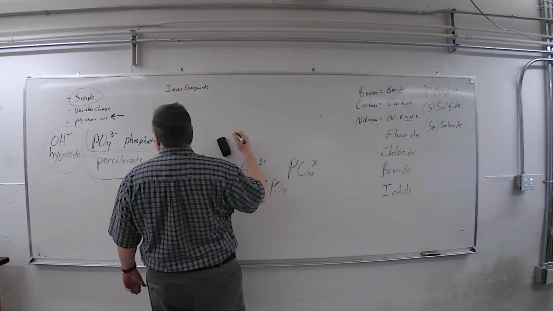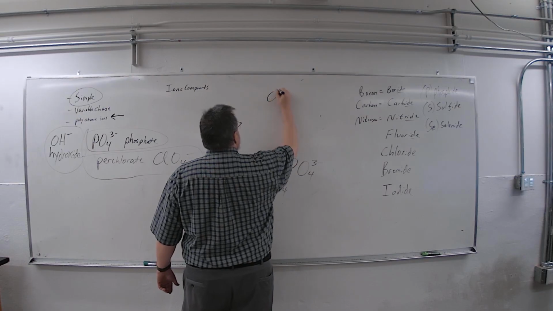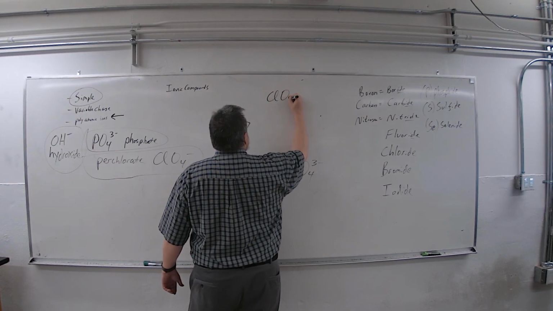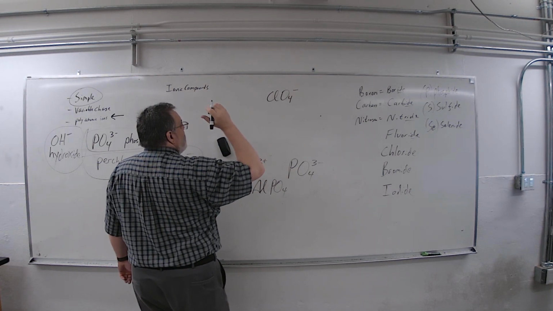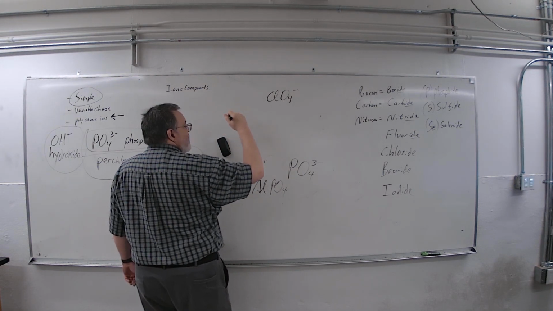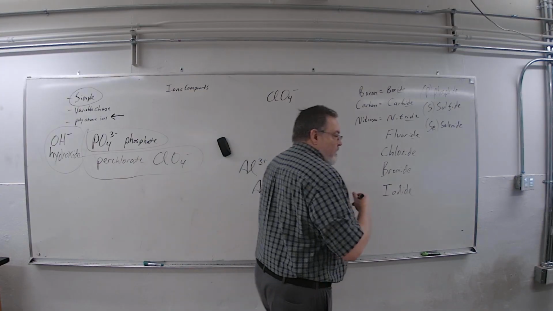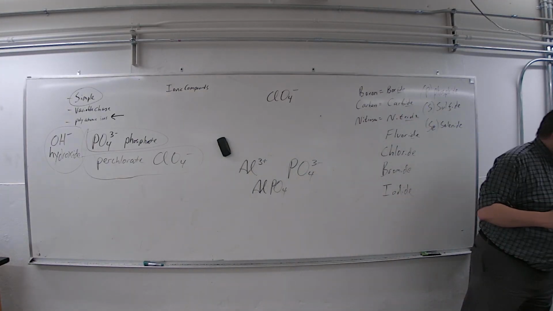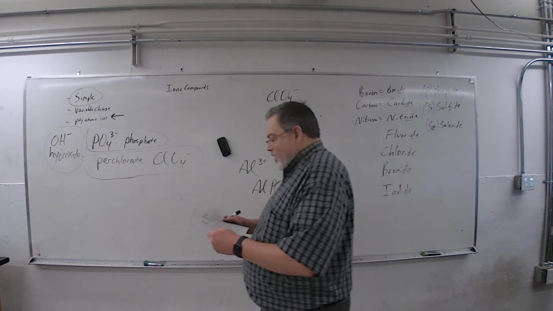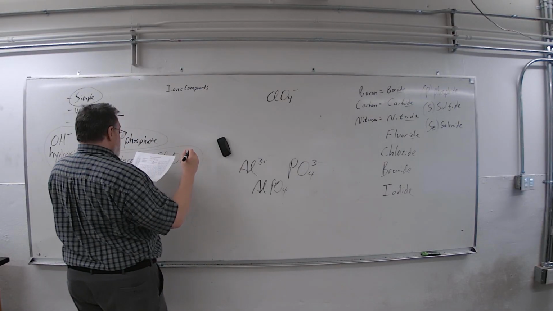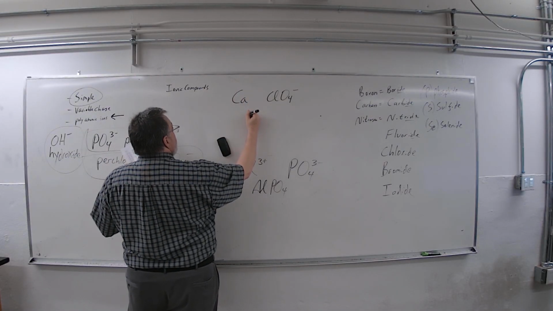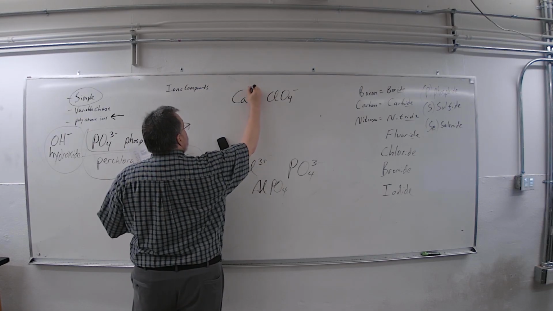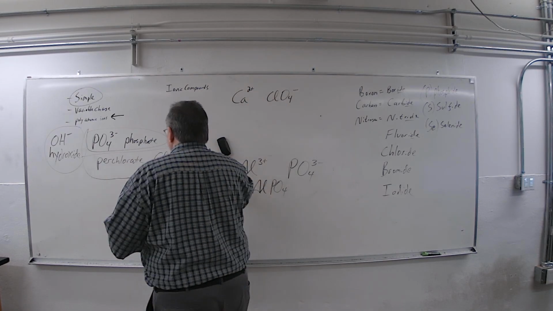I'll do perchlorate. ClO4 is a 1 minus. And I'll do calcium, second column on the periodic table, so it's 2+.